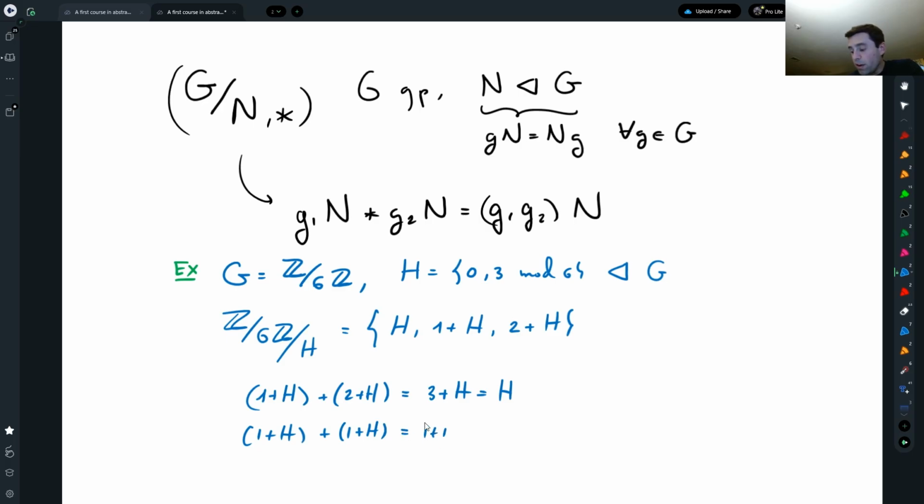This is 1 plus 1 plus H, so it is 2 plus H. So this is actually a group generated by the coset 1 plus H, and therefore it is cyclic of order 3. So we can define a phi that is an isomorphism. This group is isomorphic to Z modulo 3. It's cyclic of order 3.